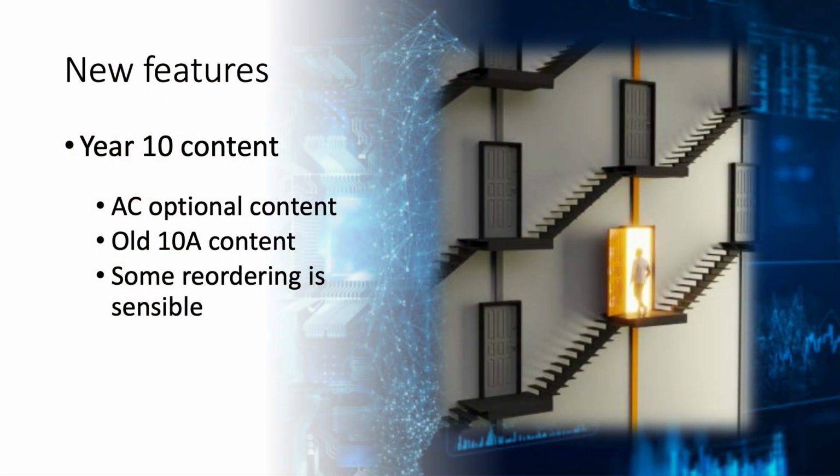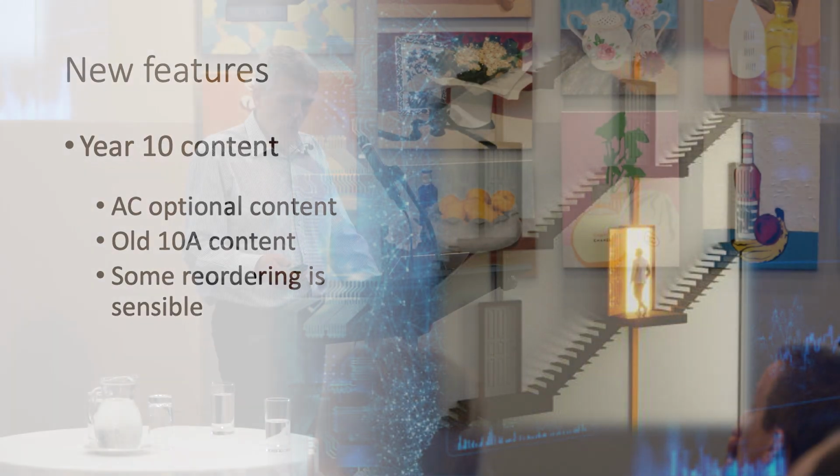So obviously there is the optional content that needed to be provided, as we've mentioned. The old 10A content, much of it, of course, is still there. And that meant that some reordering was sensible. One example of reordering that was sensible was that the logarithmic scales, the extension with logarithms, and the exponential work has now come together as an exponential and logs chapter.